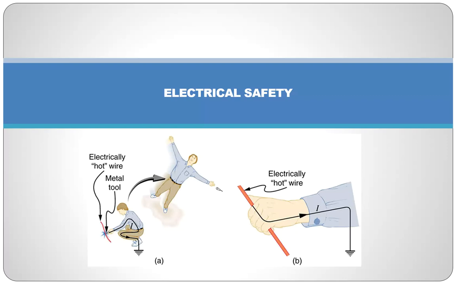So we can do the same thing with other muscles. If I touch something and it passes current through my body, it will make the muscles contract. And so if I have the wire like this and the muscles contract, what am I going to do to the wire? Grab it. And then I go, ah.